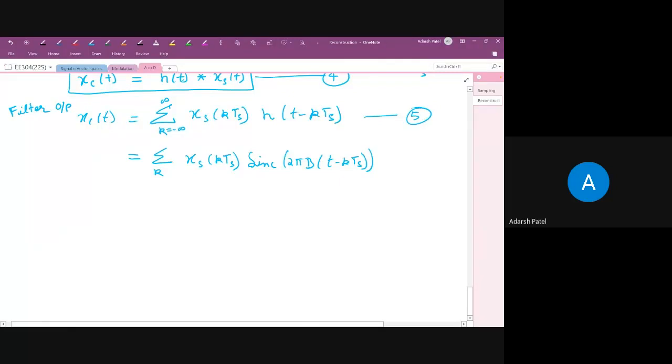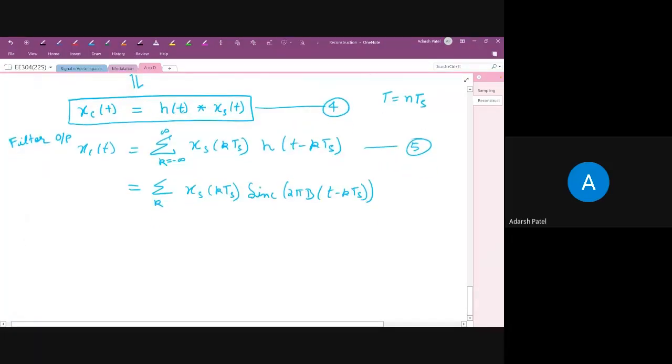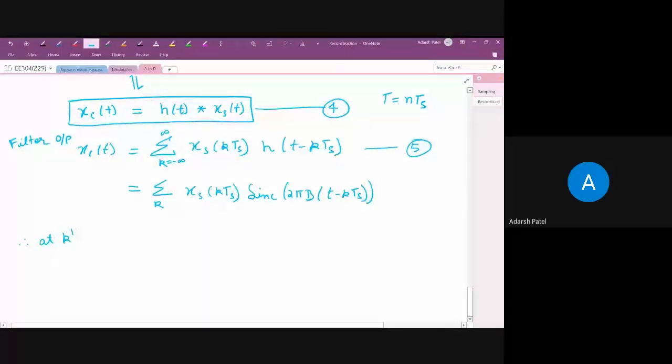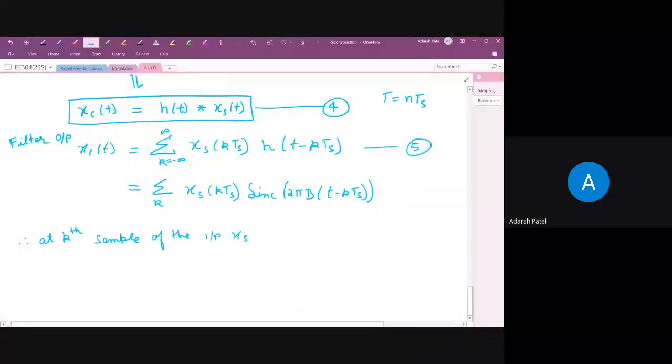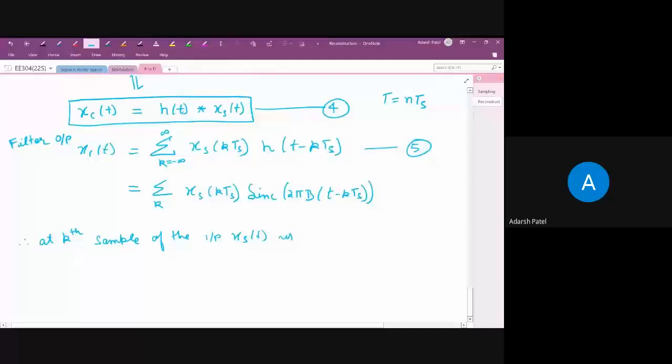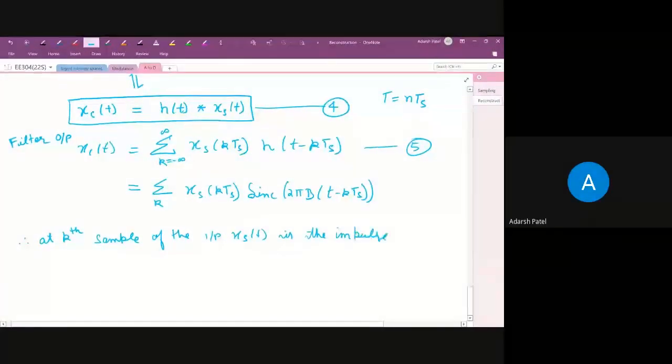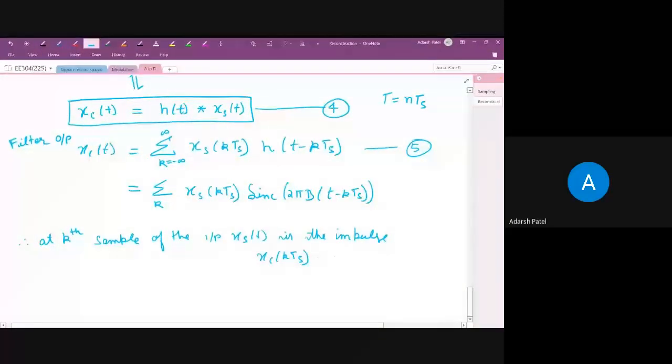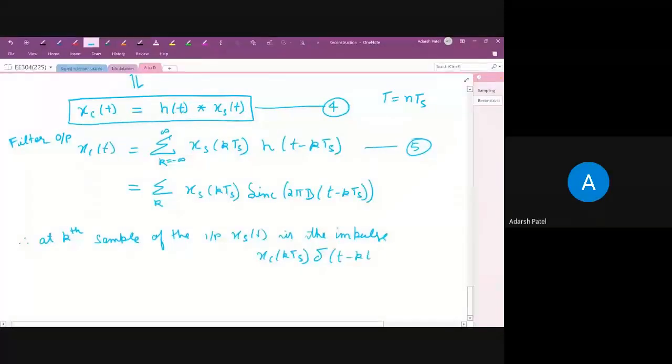At the kth sample of the input, x_s(t), what is the impulse? This is x_c(kT_s) times delta of t minus kT_s. Is it or not?